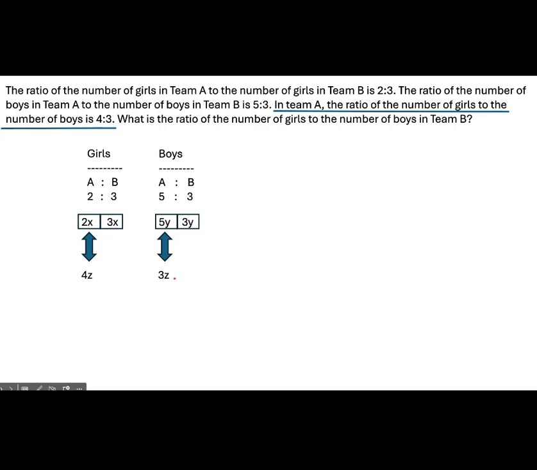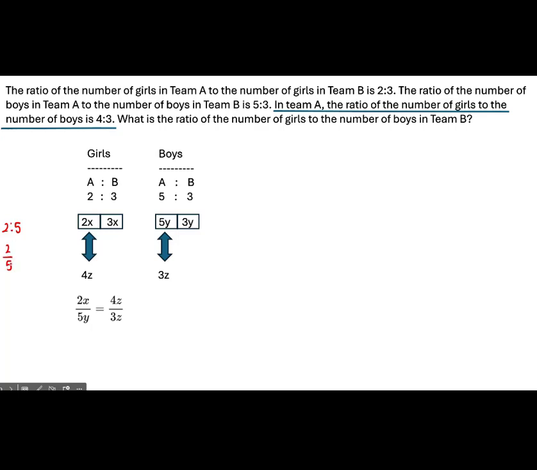Now, when we represent the number of girls in team A to the number of boys in team A, how would we normally represent it? You have to represent it as 3x, which is the total number of girls in team A, to 5y, which is the total number of boys in team A. That can be written as 3x over 5y, because if the ratio is 3:5, it can also be represented as 3/5.